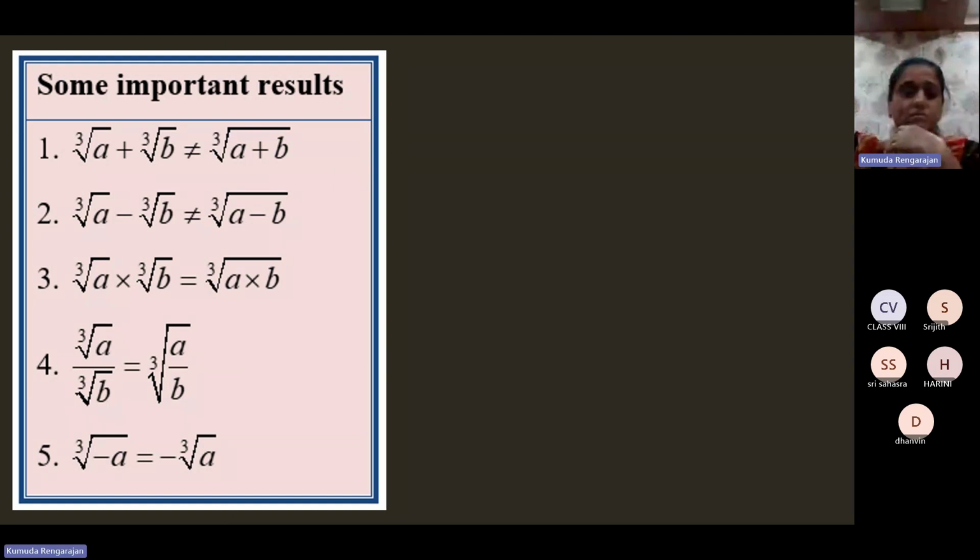So see, these are some important results, like we saw in the chapter squares and square roots.